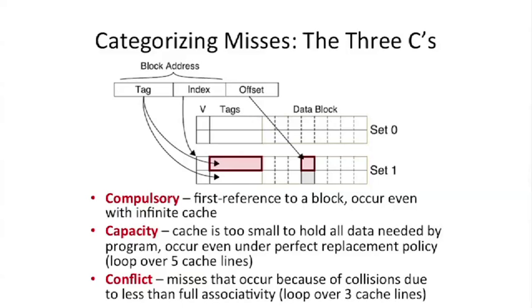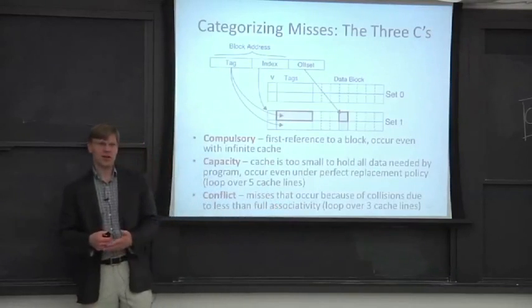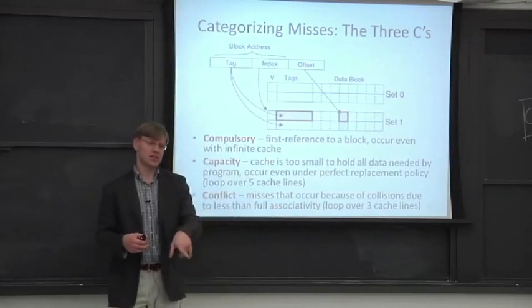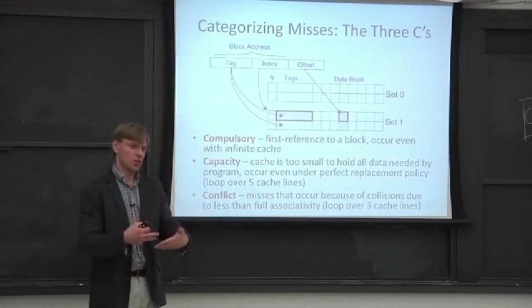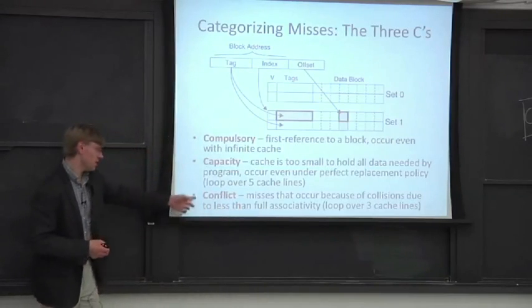So there's conflict there, and one of the pieces of data gets kicked out before you have the time to read it back in. So you have a load and then another load, but in the middle you have a load to a different address, which happens to alias to that same location in the cache. The hash function points it to the same location, and they're going to fight for that resource. So that's a conflict.